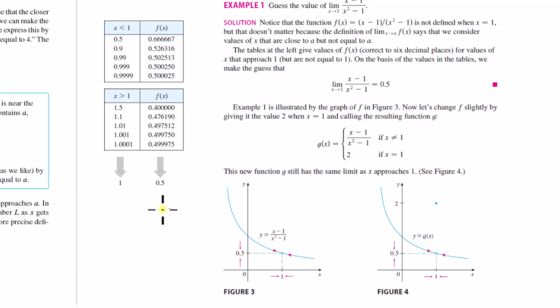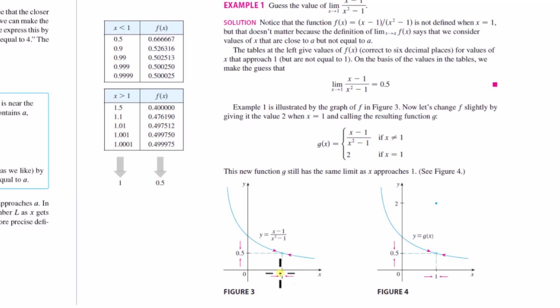So you've got x minus 1, and then you can factor x squared minus 1. So this is the graph of 1 over x plus 1, just with a hole at x is equal to 1, right? Just looking at the graph, it looks as though this guess is correct.